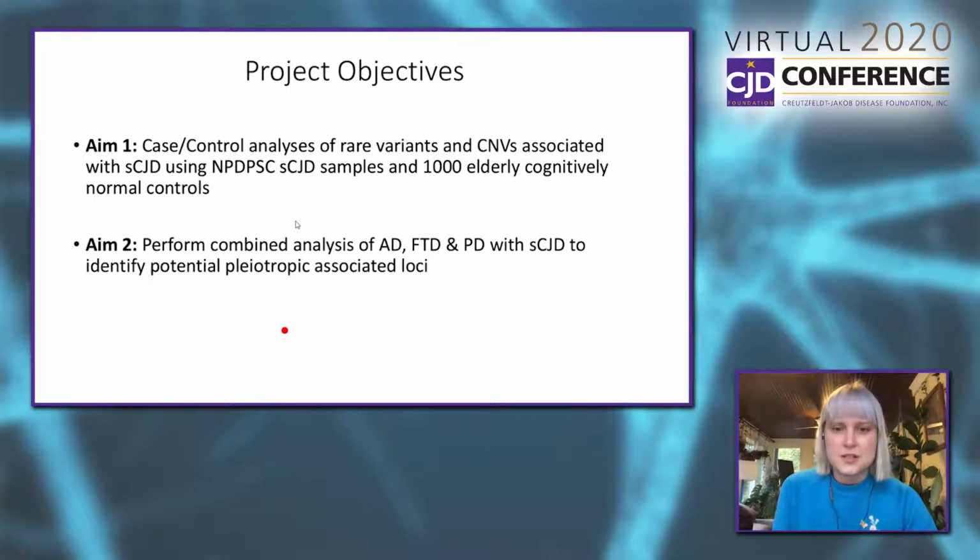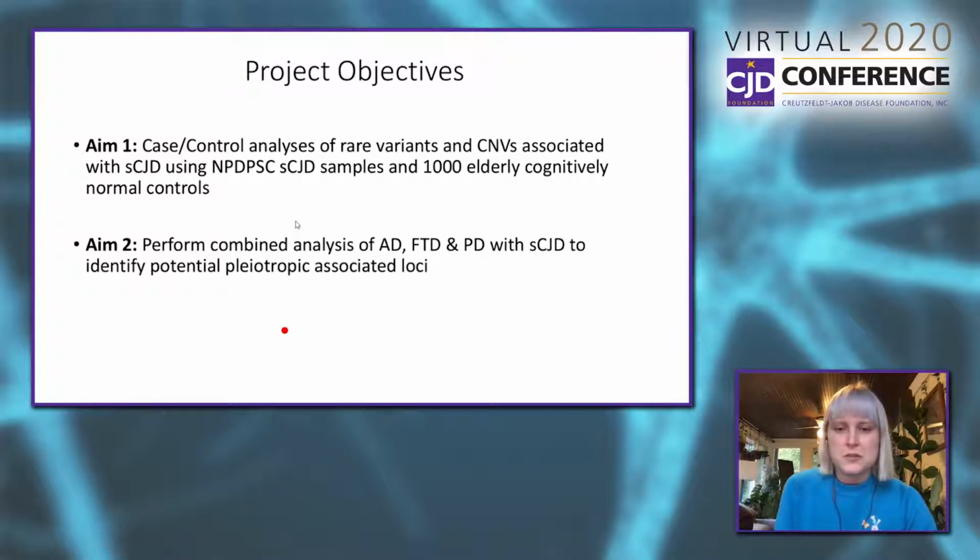So for our project, our objectives were, number one, to do case control analysis of rare variants and copy number variants associated with sporadic CJD, using samples that we got from Dr. Brian Appleby at the National Prion Disease Surveillance Center, and 1,000 elderly cognitively normal controls that we have here at the university.